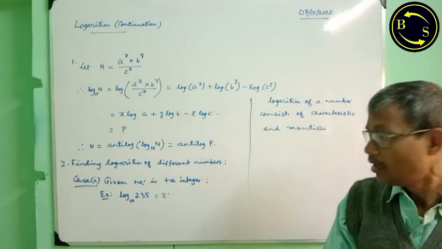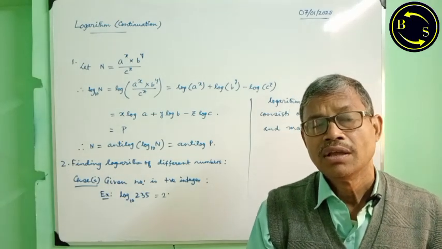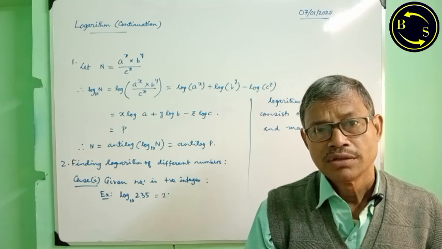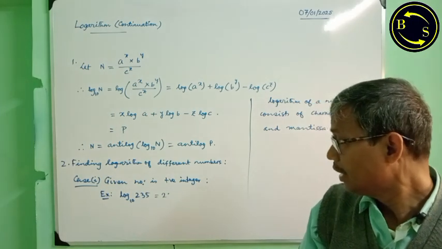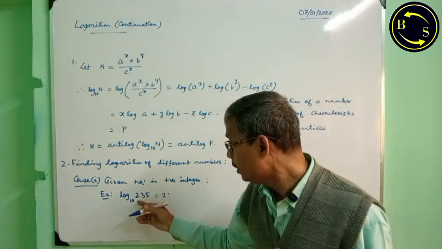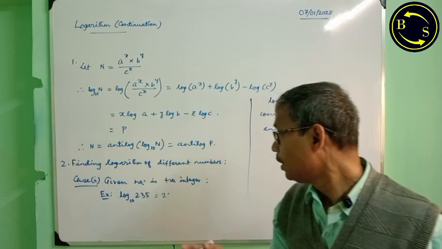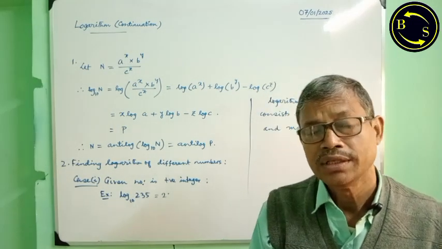For finding the logarithm of 235, one thing, log table starts with 10, then 11, then 12, so on up to 99. Then to find the log of 235, we follow the row headed by 23.